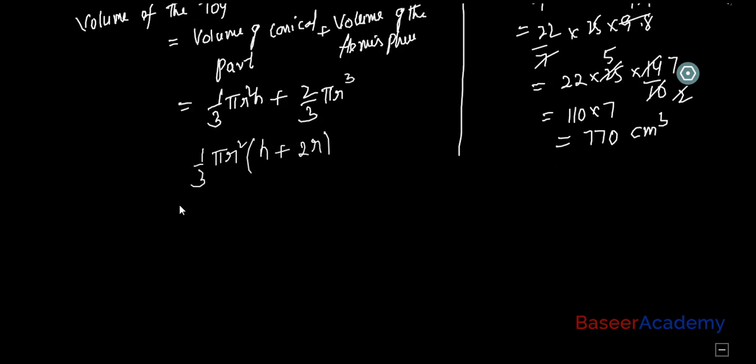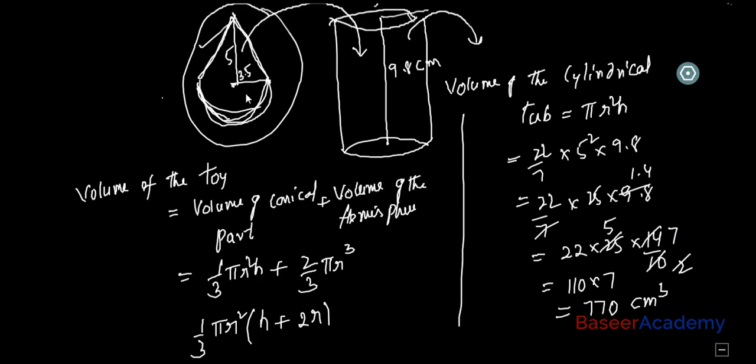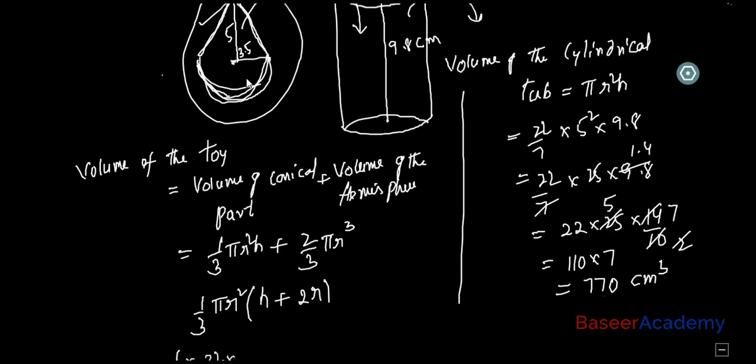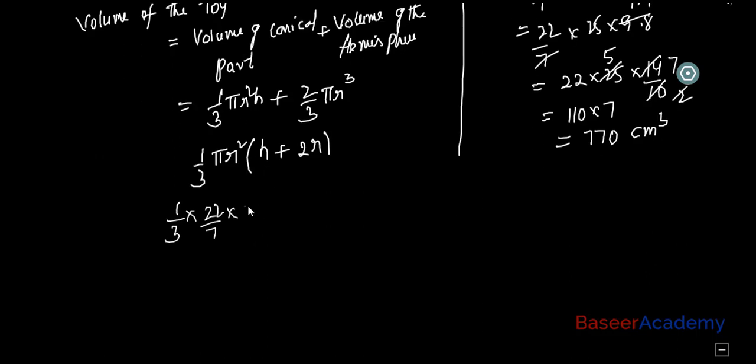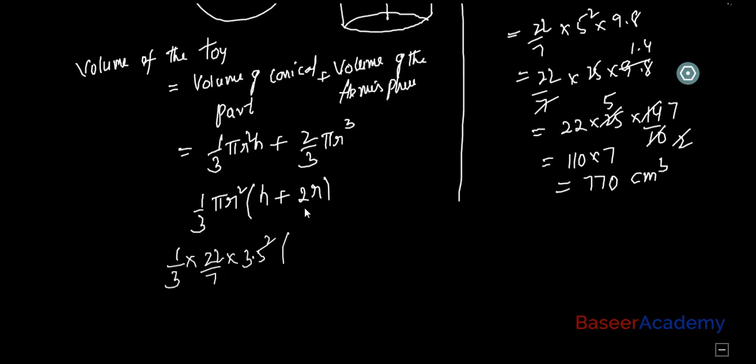Now let me substitute the values here. The value of pi is 22 by 7. The value of r is 3.5 and height is 5. R is 3.5 square, I'm writing as it is. What is the height here? Height is 5.